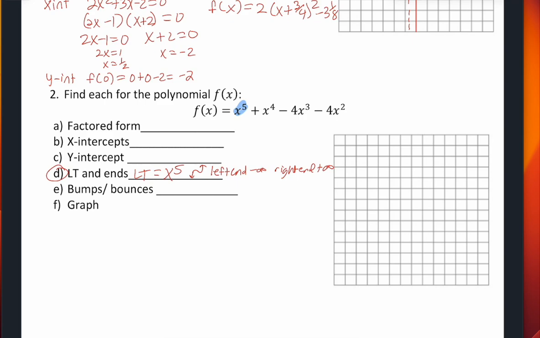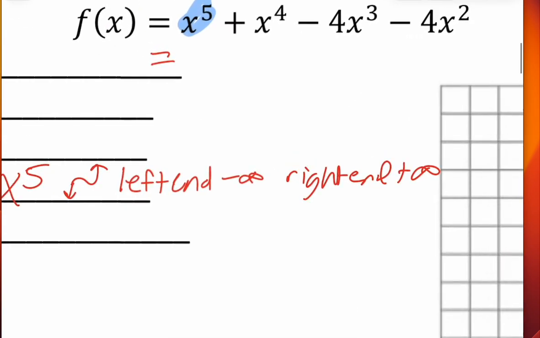But one thing I noticed right off the bat is that every single one of those things has an x, and the lowest power is an x squared. So why not do that very thing first? So you'll notice I took out an x squared because every single thing had a common factor. So if it has a greatest common factor, always remove that first.